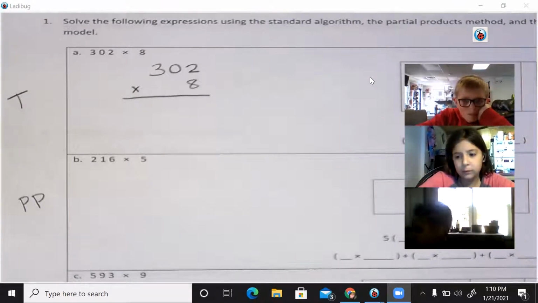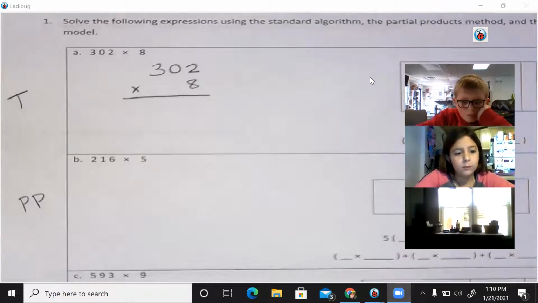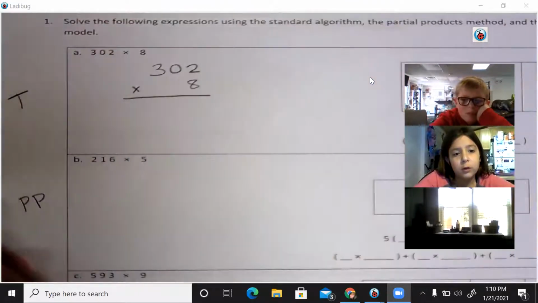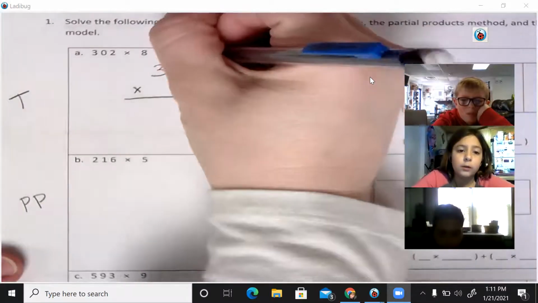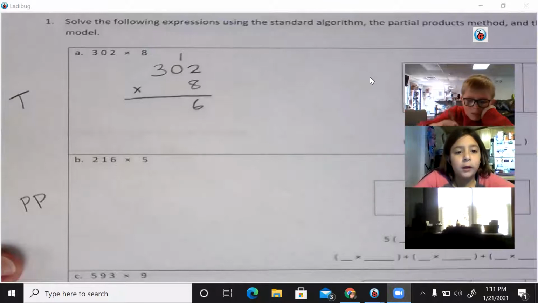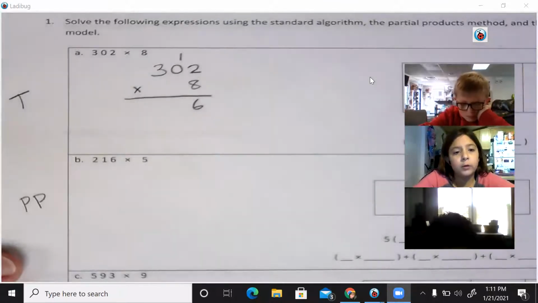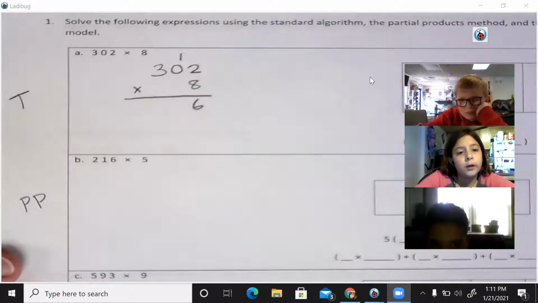Okay, Bella Watkins, go ahead and unmute yourself. Tell me how I would solve this problem. You do 2 times 8 equals 16. So you put down the 6 and you carry the 1. And then 8 times 0 equals 0, so you add the 1 and you get 1.